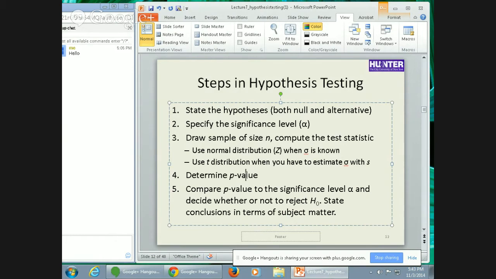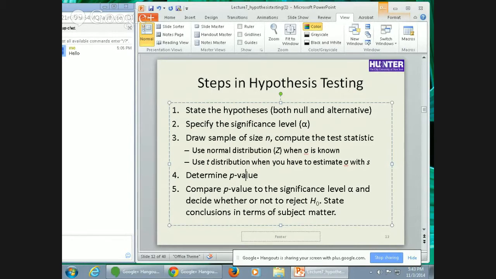anyone want to explain to me what the p-value is in terms of your null distribution? Yeah. So it's the probability of finding your test statistic, given that the null hypothesis is true. Finding your test statistic or greater, or exactly.